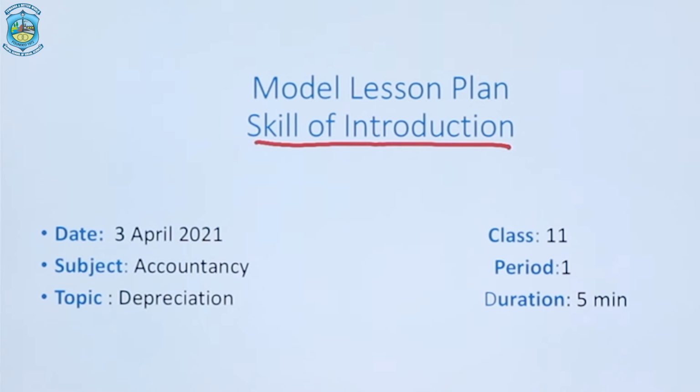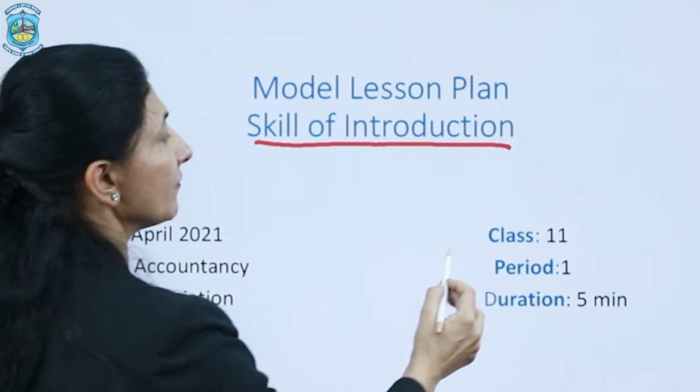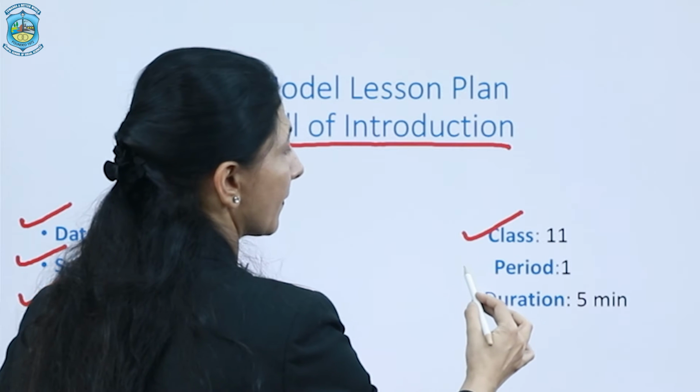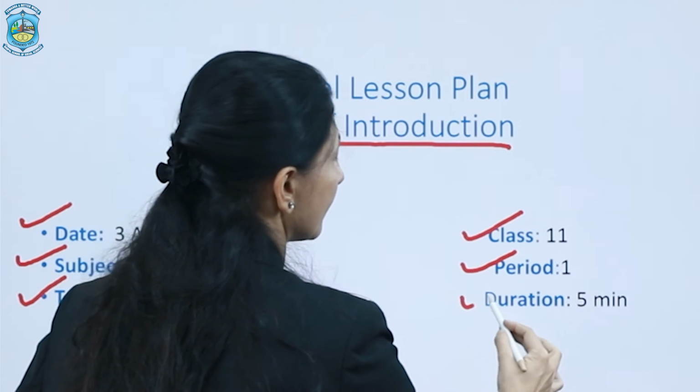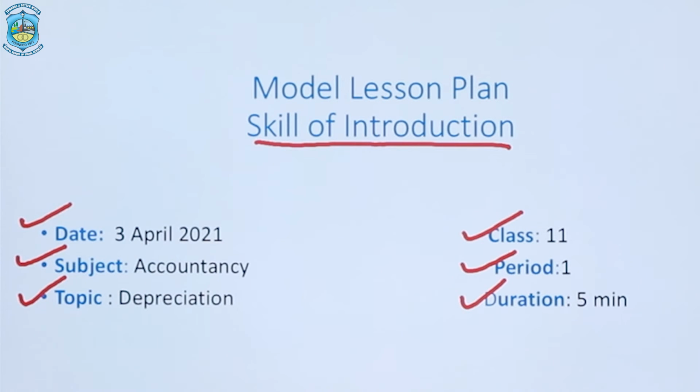So, learners, just pay attention to what you have to write at the top of the page. First, you have to write the date, next the subject and the topic. On the other side, you have to write the class, period and the duration.